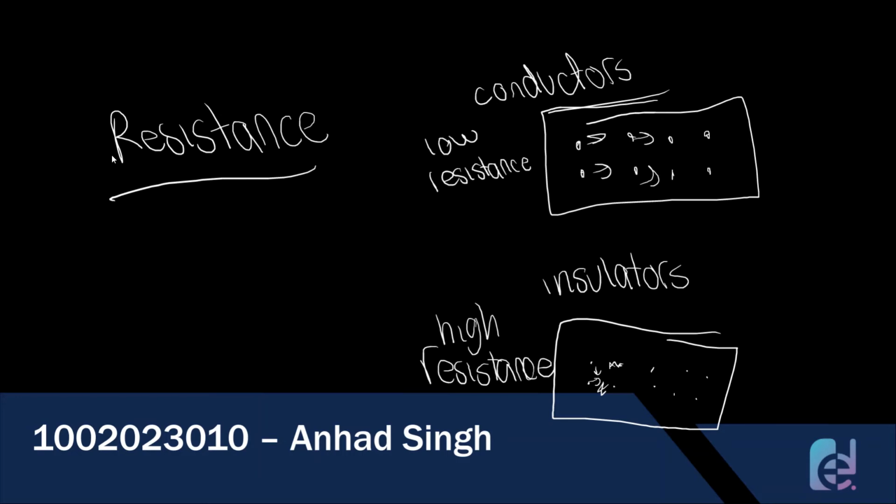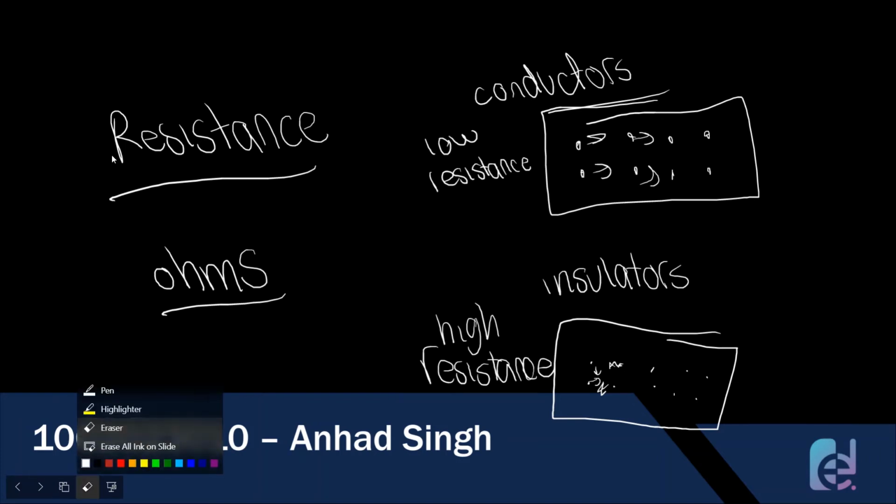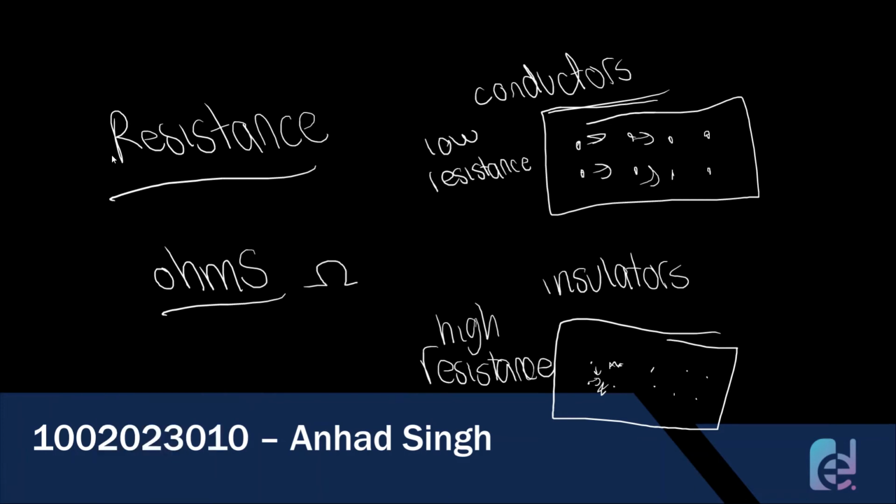It's just how much a specific material, a conductor or an insulator, wants to stop electricity from flowing through it. And the unit of resistance is ohms. Sometimes you also see it written like this. That's ohms.